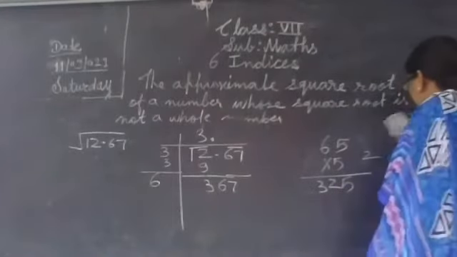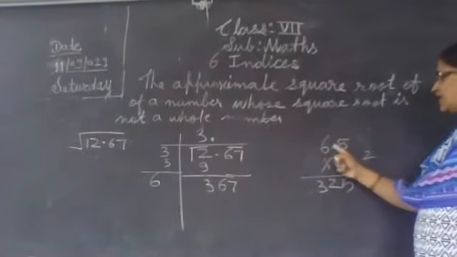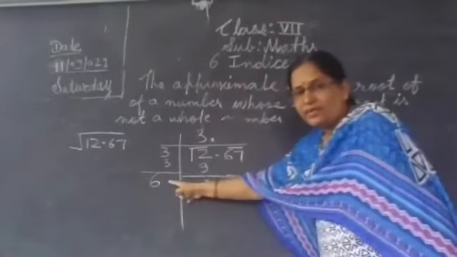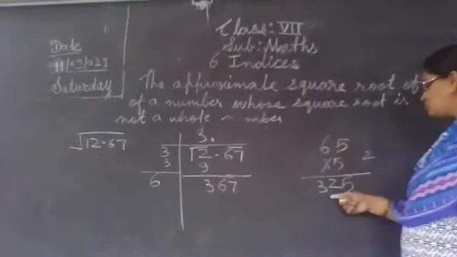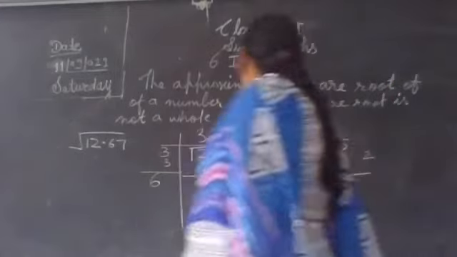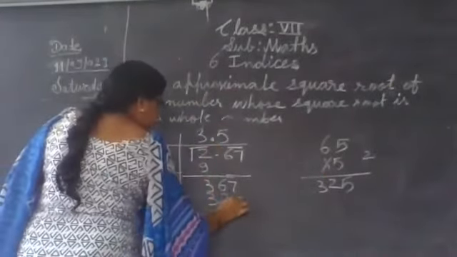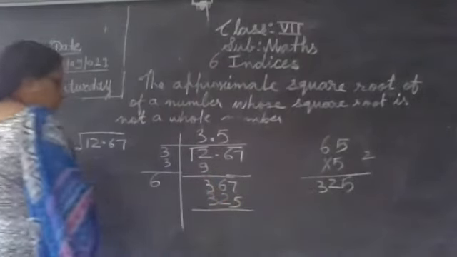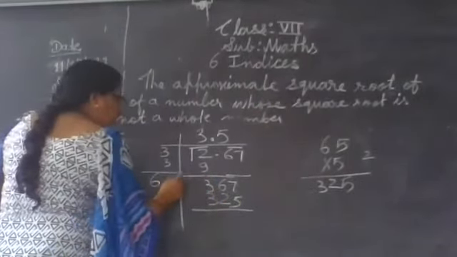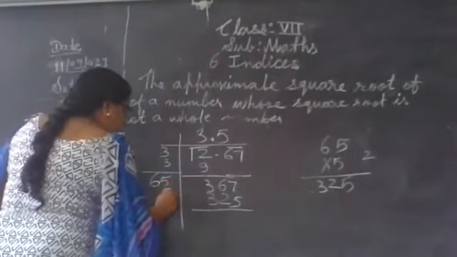Okay, so we will take 5 and multiply it by 5. So it is 325. Okay, so here 5 and add 5.